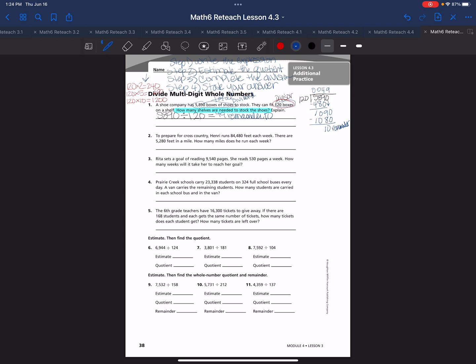Well, I know that I can have 49 shelves with 120 boxes of shoes. But what does the 10 mean?